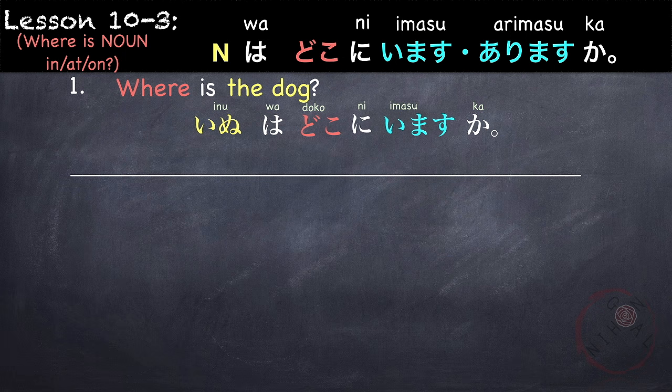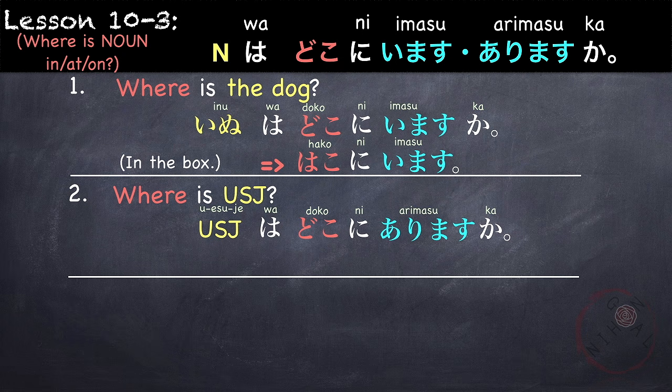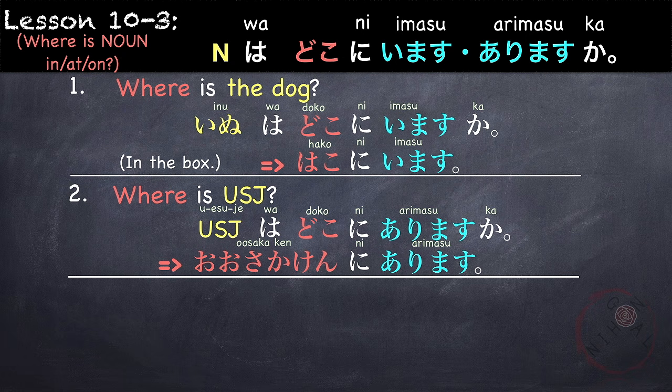For example, in the box. Hako ni imasu. Another example, where is USJ? USJ wa doko ni arimasu ka? Or USJ wa doko desu ka? If we want to say in Osaka, Osaka ken ni arimasu or Osaka ken desu.